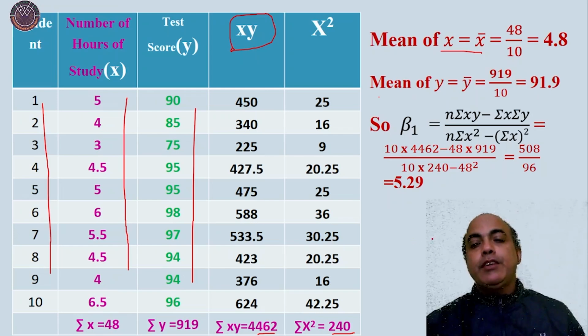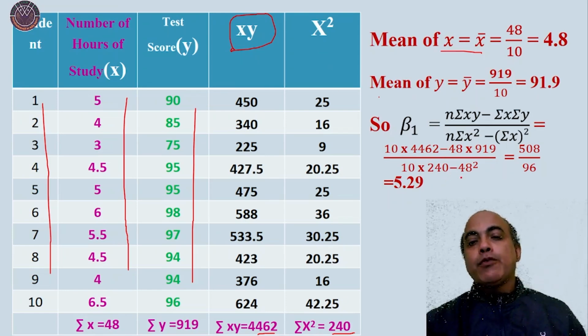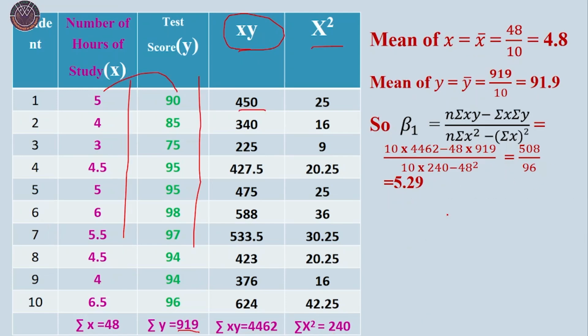You can see 10 into 4462, which is summation of xy, and 48 into 919, where 48 is summation of x and 919 is summation of y, divided by n into summation x square, which is 240, minus 48 square. You divide these terms and you get 5.29.